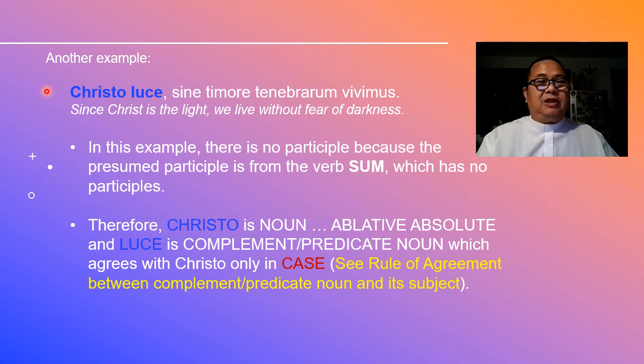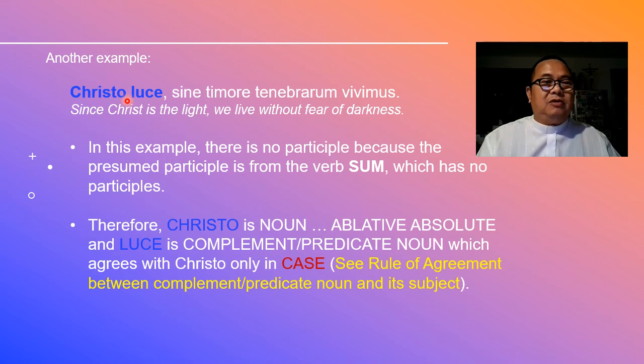But unfortunately, if you look at the paradigm of the conjugation of the verb sum, there is no participle there. The verb sum, esse, does not have a participle. So therefore, there is no participle in between Christo and luce.